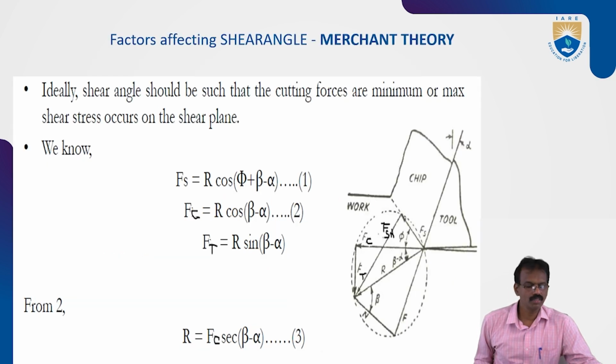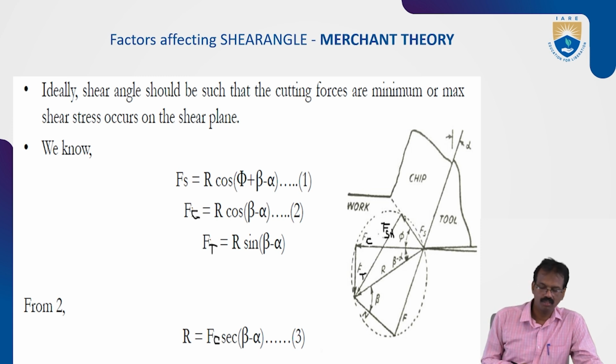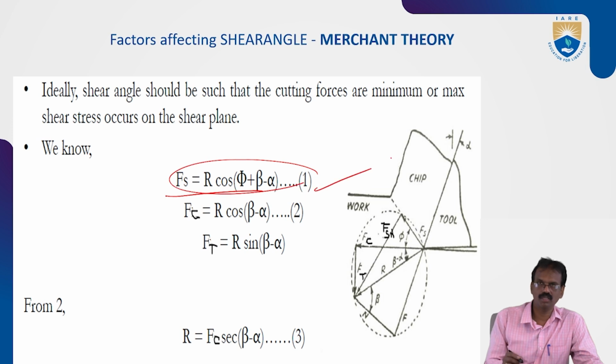So this is about the factors affecting the Merchant theory. Just like Fs with respect to the resultant, we already saw in the previous slides. This is the formula for Fs with respect to R, by using this triangle.